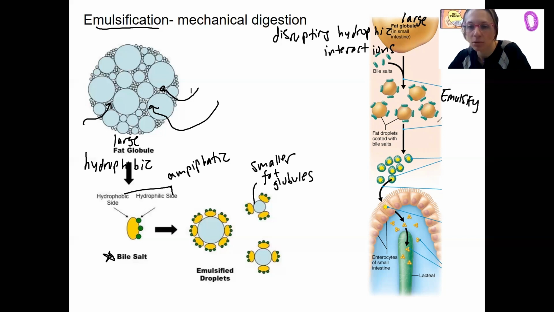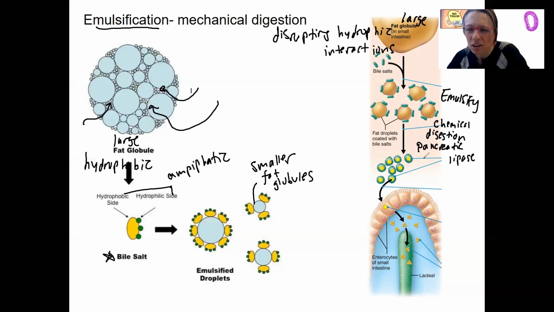So this is chemical digestion. What does that? This is going to be a lipase. Let me make sure I have that right. Yes, I have that right. A pancreatic lipase. Lipase breaks the bonds to go from triglycerides to fatty acids.